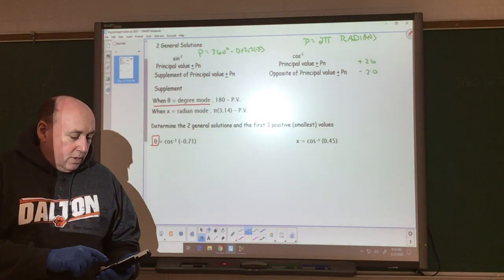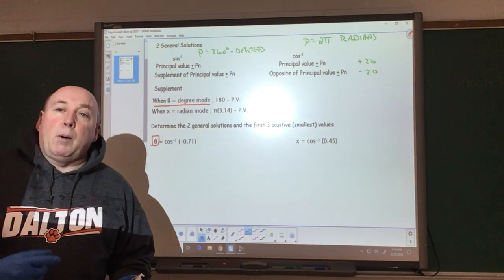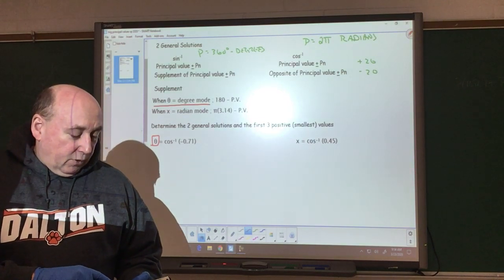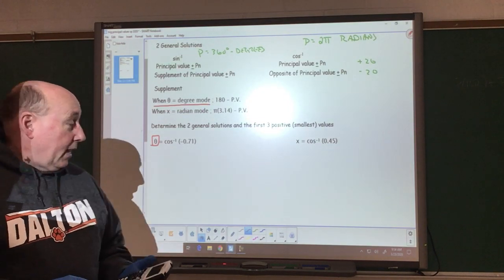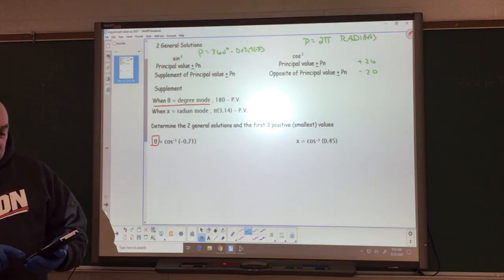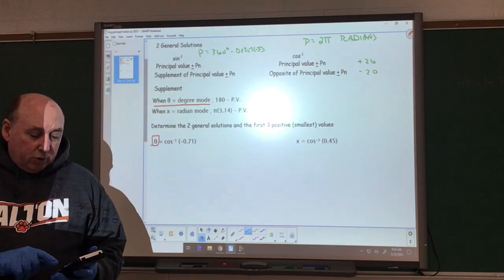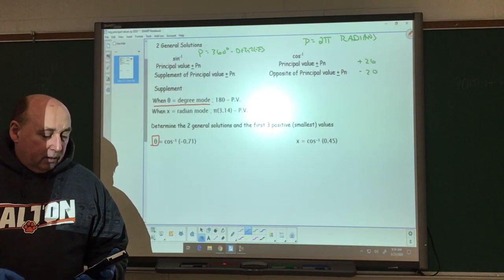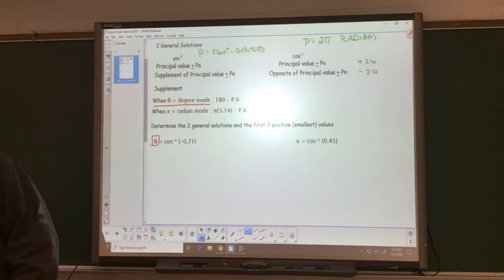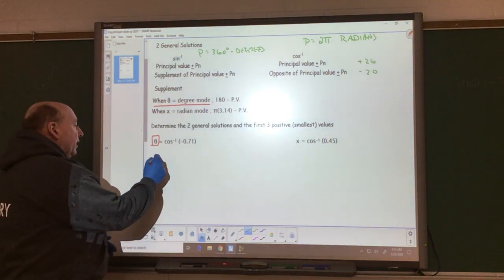Oh, I was in radian mode, so if I had done the problem, I would have been incorrect. I need to change to degrees. Quit out of that, and let's do the inverse cosine of negative 0.71. Don't lose your negative sign. The measure you should come up with is 135.23 degrees.